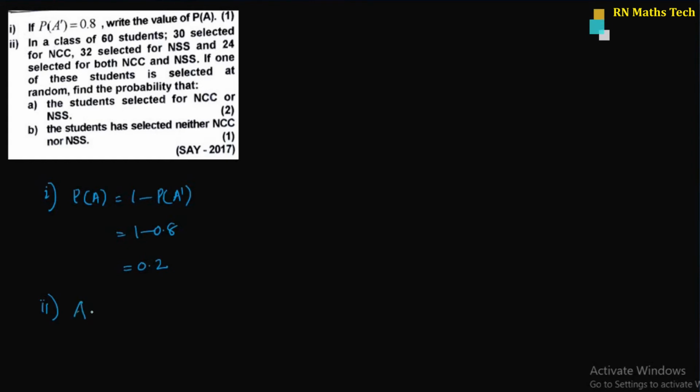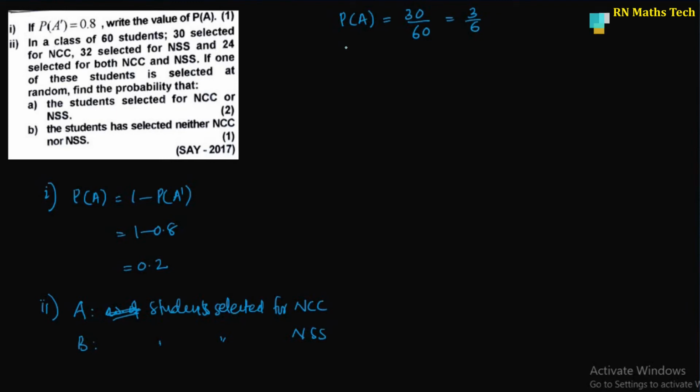So A be the event that students selected for NCC. B be the event that students selected for NSS. P of A is equal to 30 divided by 60, that's equal to 3 by 6.